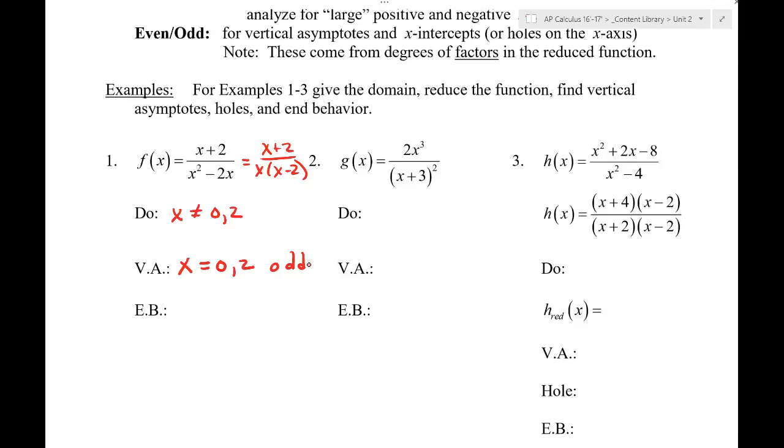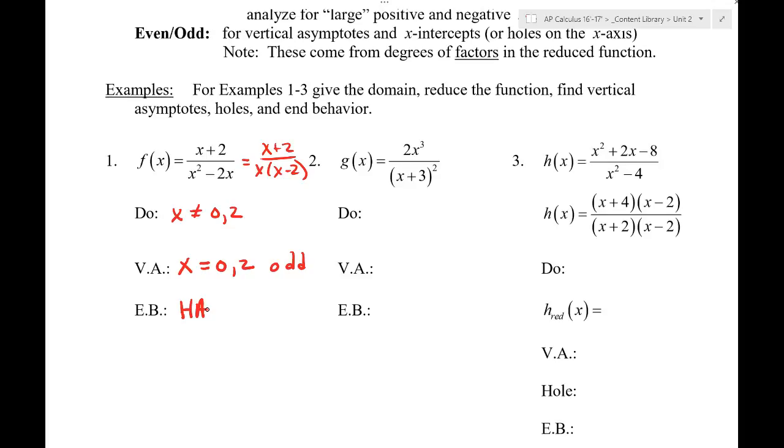Okay, end behavior. How do I decide end behavior? What is that going to come from? Let me write down 2 letters. Horizontal asymptotes. Okay, so do we have horizontal asymptotes in this one? And how do I know? Okay, it's a rational equation. Everybody know what we mean by rational? Fraction, right?